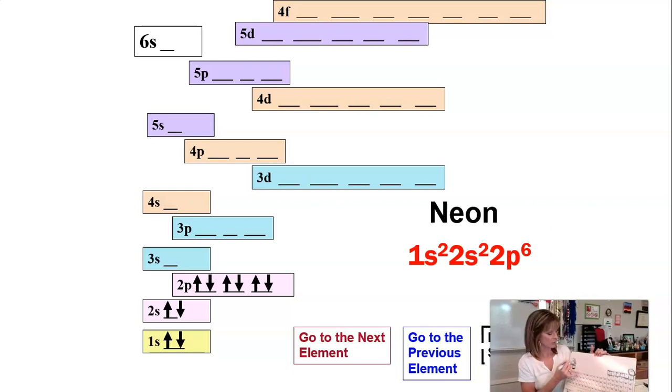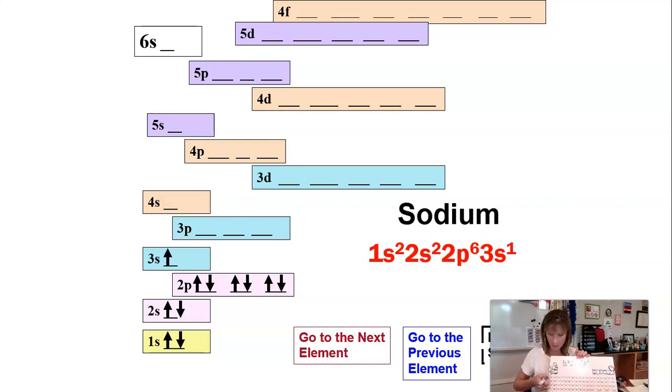Its electron configuration: first row, 1s2 is filled. Drop down to the second row, 2s2 is filled. Over here, second energy level still, P block, all 6 electrons are in there, 2p6. It's a noble gas.